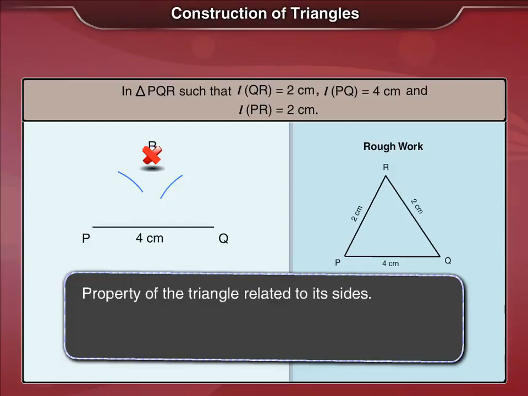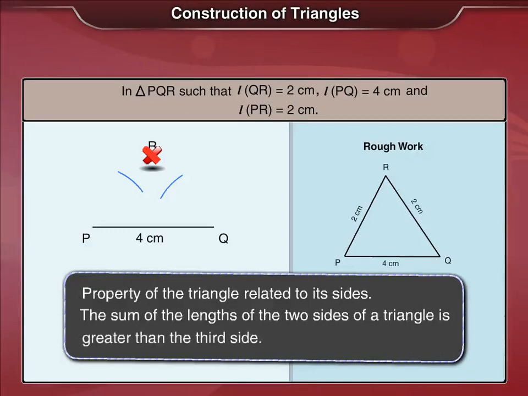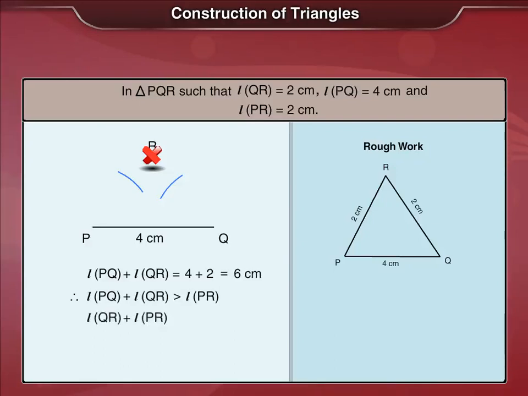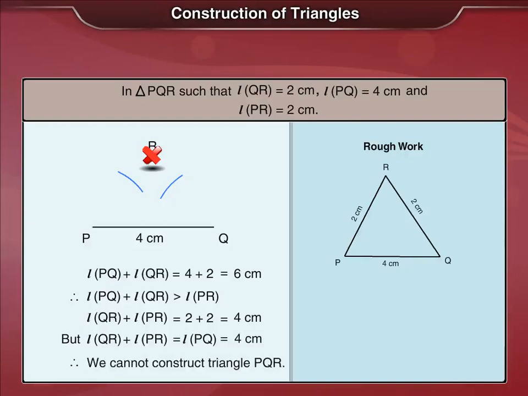Join points A and C, also points A' and C. We get two triangles here, triangle ABC and triangle A'BC. In both these triangles, length of side BC is 8 cm, angle ABC measures 40 degree, and length of side AC is 6 cm. Here you will find that we get two different triangles of the given measures.